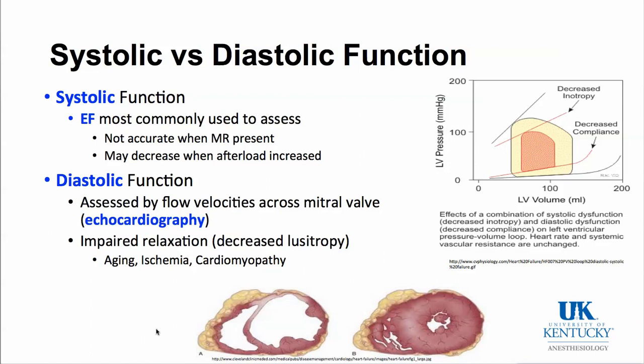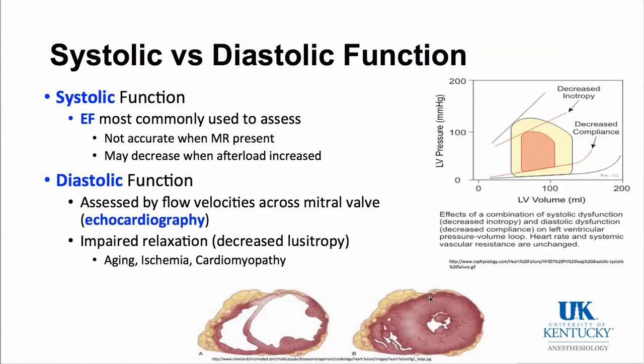So on the bottom is a picture of a patient with cardiomyopathy, and you can see this thinned out heart, infarcted heart. This patient is going to have classic systolic dysfunction, very low ejection fraction, but may also have some impaired relaxation, but classic systolic function.